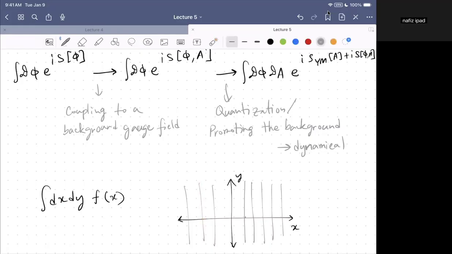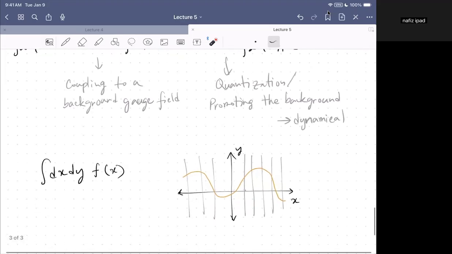So what I'm trying to say is that we should be able to pick any line like this that goes through these vertical lines transversally, meaning that it doesn't intersect the same vertical line twice. And then the integration over this line or over any other such line should give the same result. That's a physically meaningful thing to say.